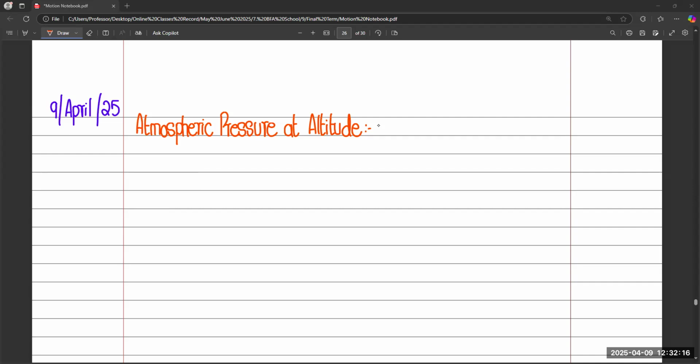That is the factor we have to discuss: what will happen at that stage and what are the reasons behind it. Basically, atmospheric pressure decreases at altitude.